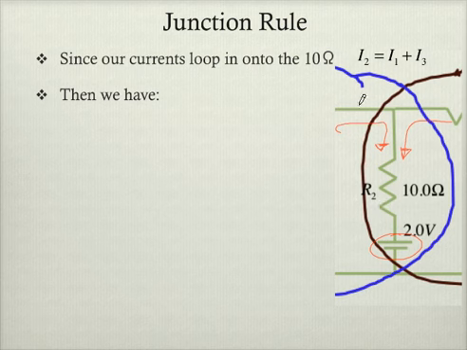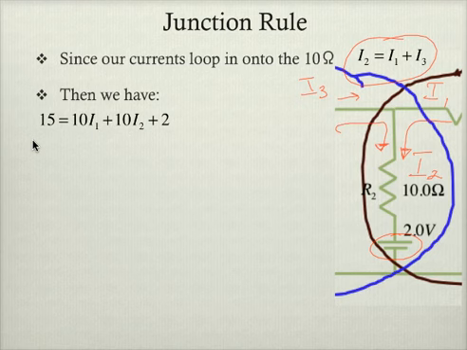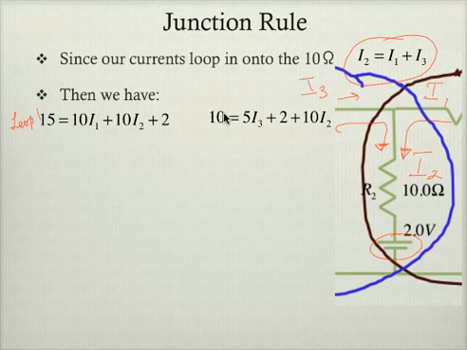So then the junction here, these two currents that came in, I dubbed this as I3 and this as I1, they should equal I2. And I'm saying as much. And then this was from our first loop. This came from loop 1. This came from our loop 2.